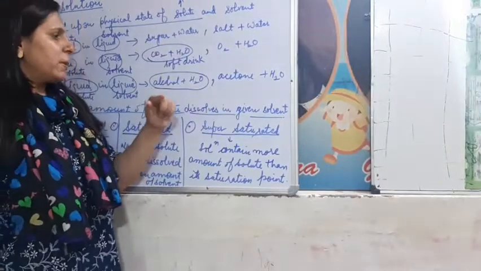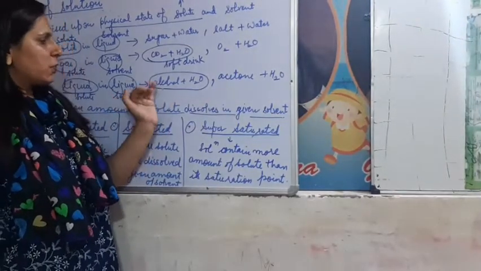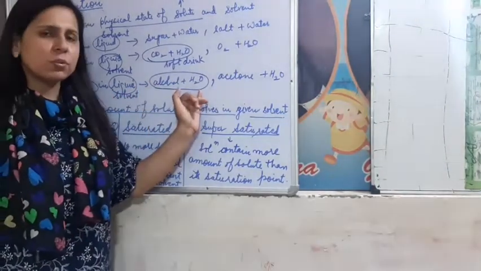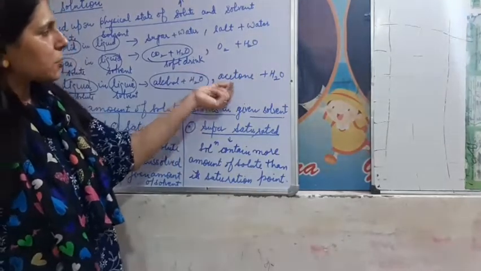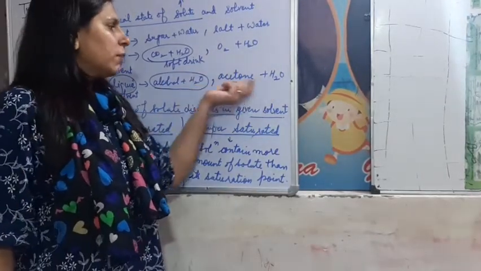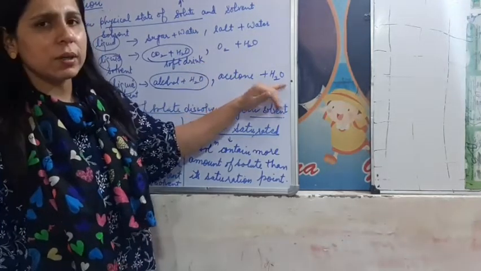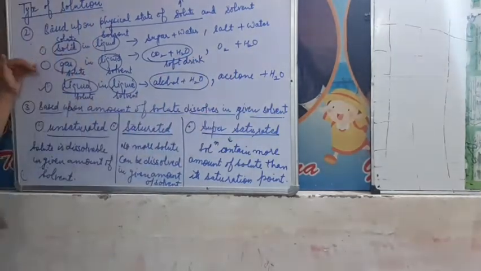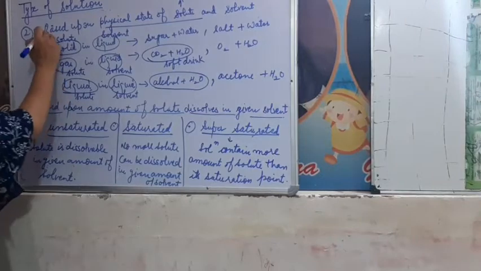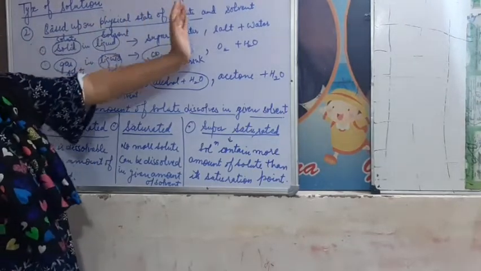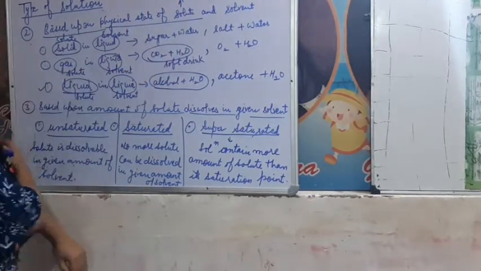On the basis of that amount, you may judge which one is solute and which one is solvent. Second example, acetone and water. Again, with a given amount of solute and solvent, you judge which one is solute and which one is solvent. So these 3 are the types of solution based upon physical state of solute and solvent.